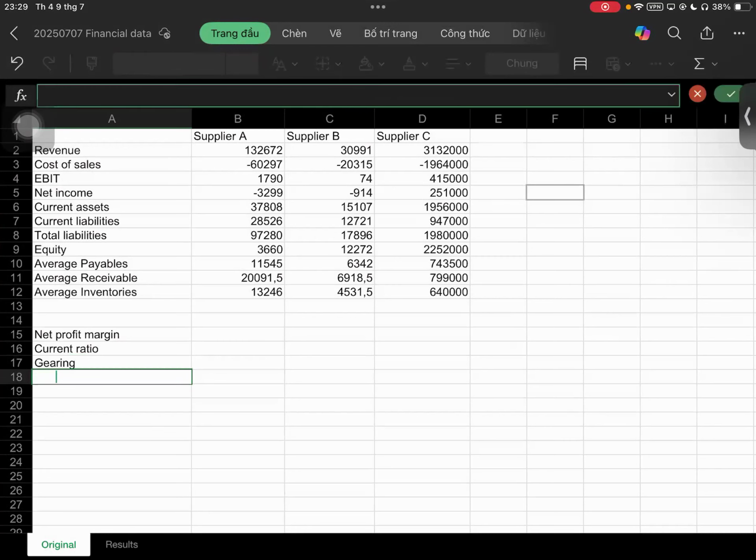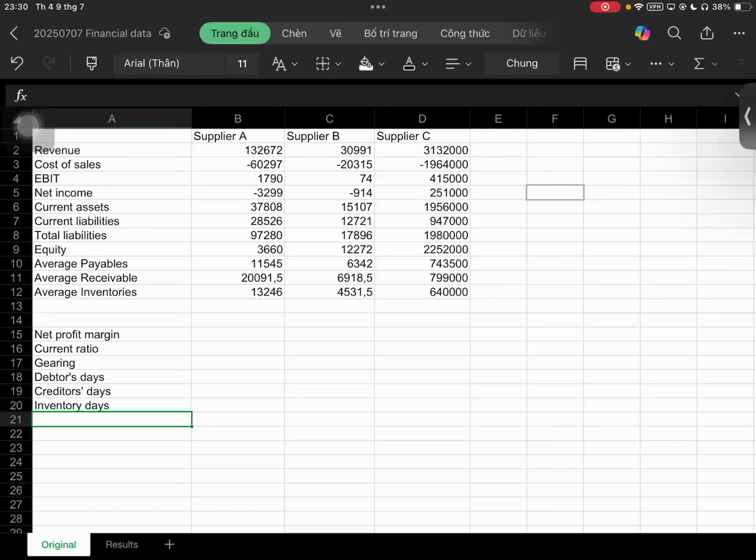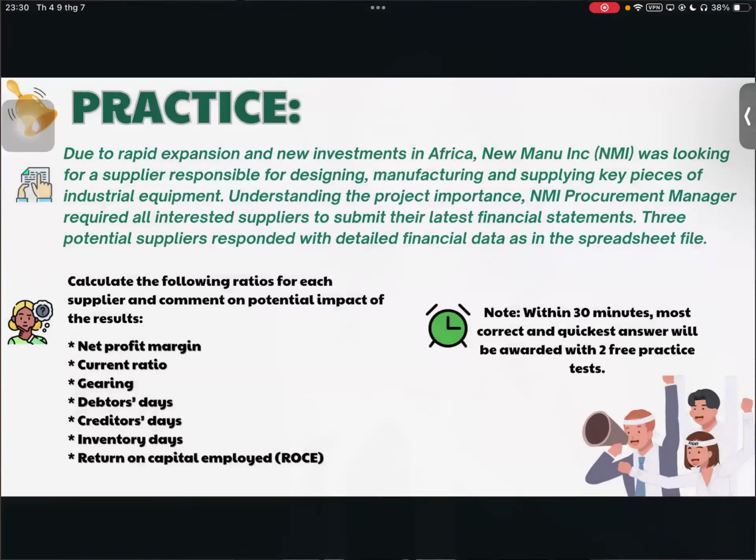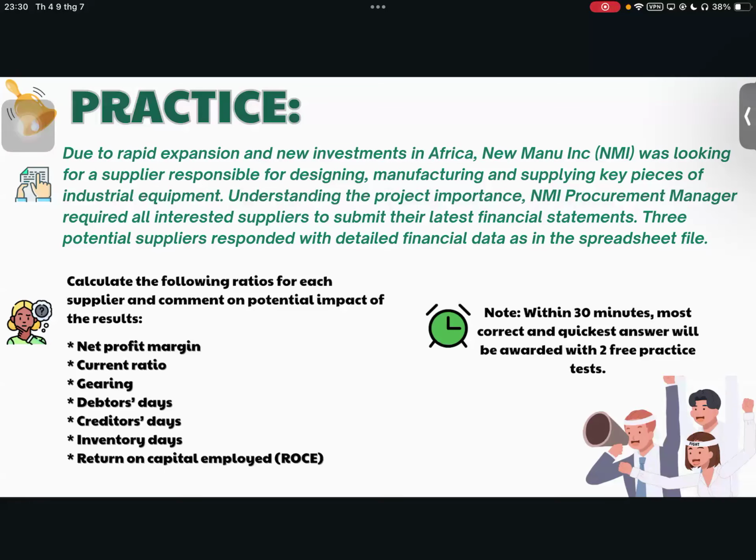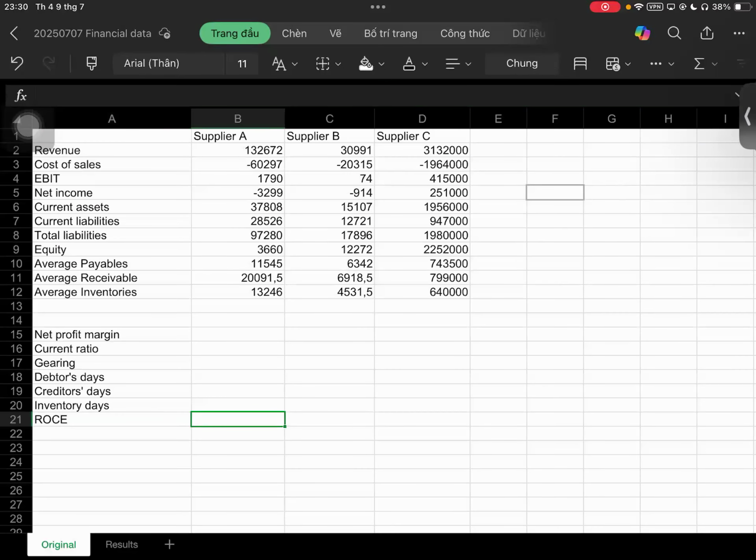Next, debtors days, creditors days, inventory days, and finally the return on capital employed. So you should have 30 minutes to calculate from this table and tell me the result.